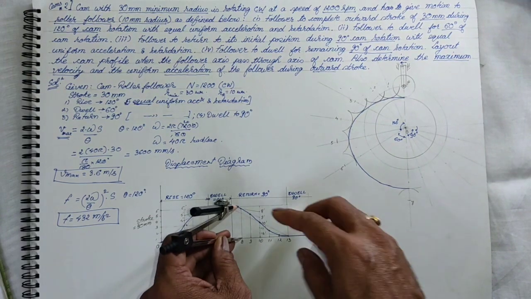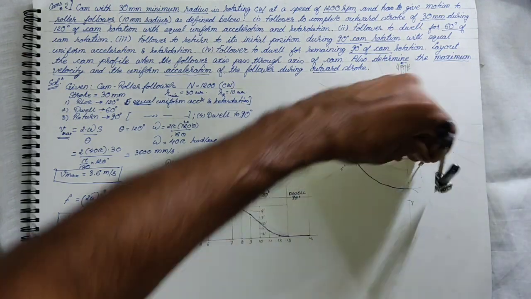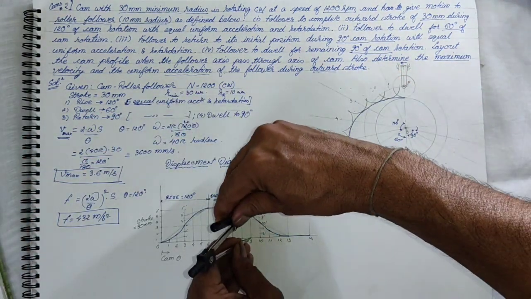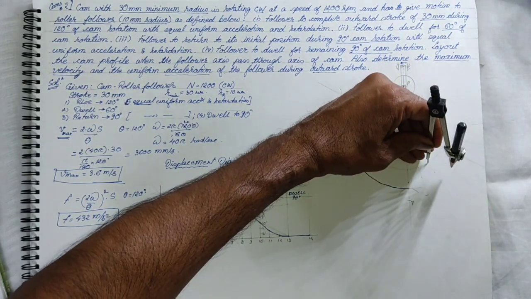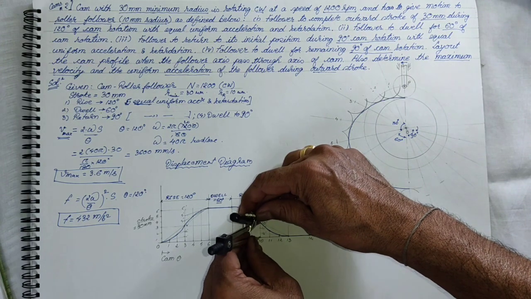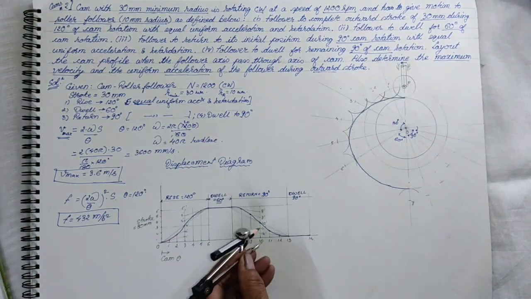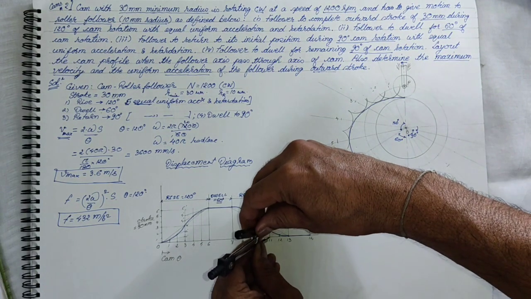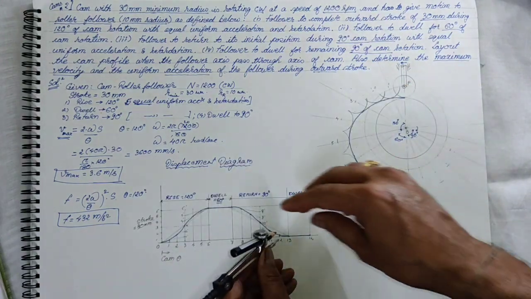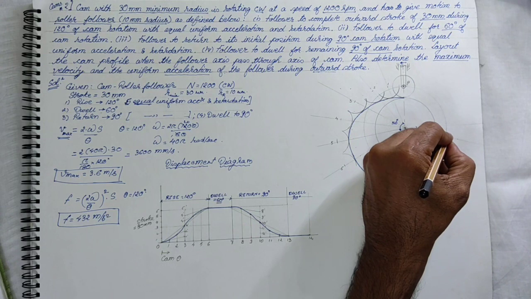So for 8, from the trace circle we'll mark this, we get 8, then 9, and then 10, then 11, and the small value, where here it will come as 12.